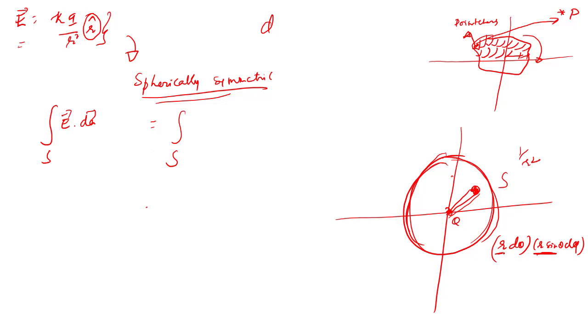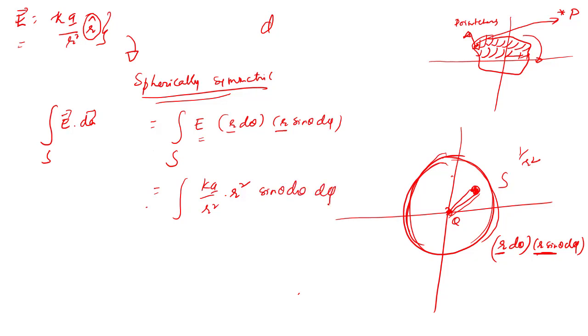So the area element here would be E times R d theta, R sine theta d phi. E is simply kq by r squared, and the R and R multiply to give another r squared.